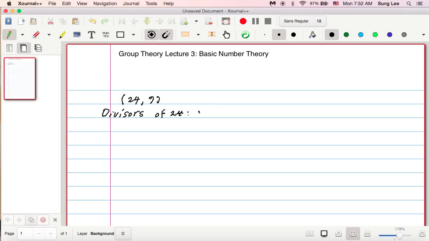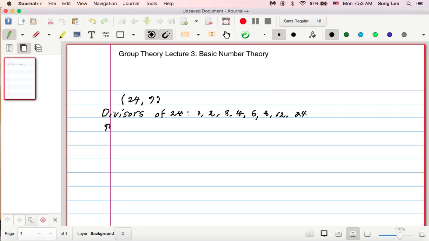That will be 1, 2, 3, 4 is also a divisor, right? And 6, 4 times 6 is 24, and 3 times 8 is 24, so 8 is also a divisor. And then 2 times 12 is 24, and then lastly 24. I don't think I missed anyone, right?